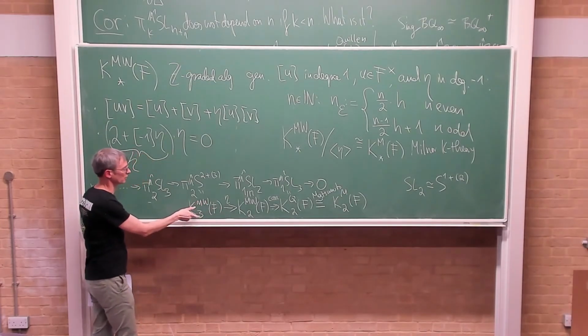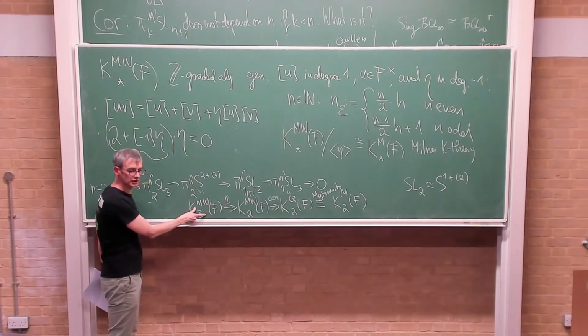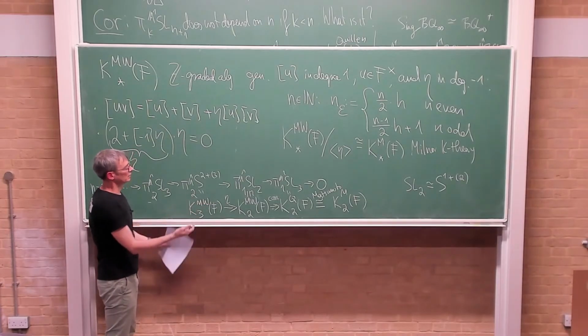And the kernel is the eta torsion in this group, and in general there's this problem.